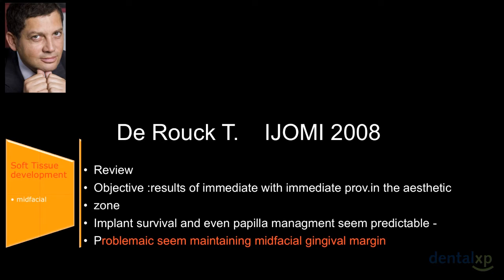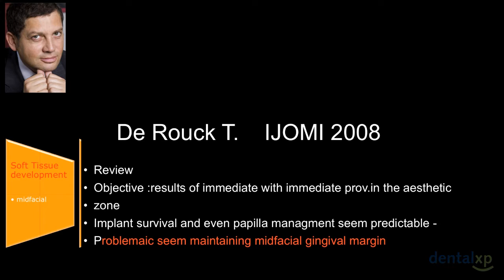Because what we saw in the last years in the literature is that the problem seemed not to be the management of the papilla anymore, especially when we have good interproximal bony support, and we know that by making good contact points and the right emergence profile, the soft tissue will return to the initial position. Problematic seems to be the mid-facial gingival margin.